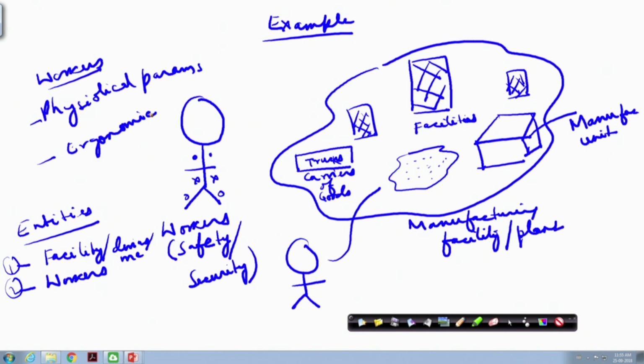Like this, there are other sensors that could be deployed in this manufacturing facility itself. These trucks could be fitted with different sensors. These manufacturing units would comprise different sensors. Different machinery in these units are going to be fitted with different sensors.